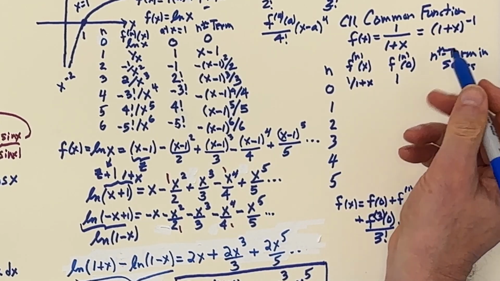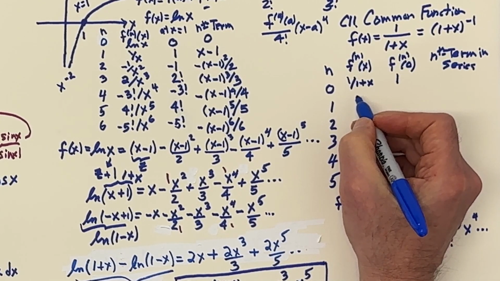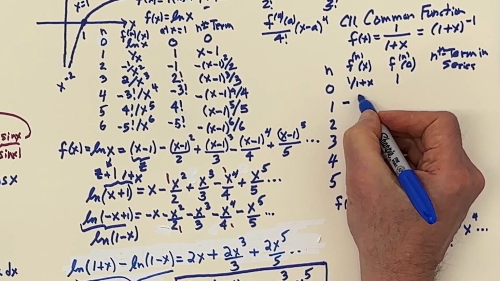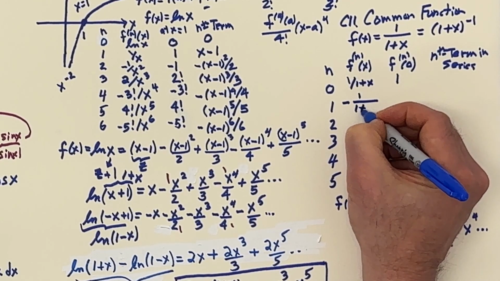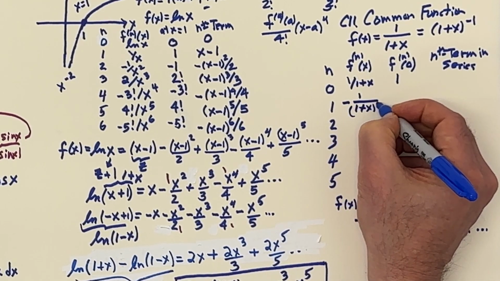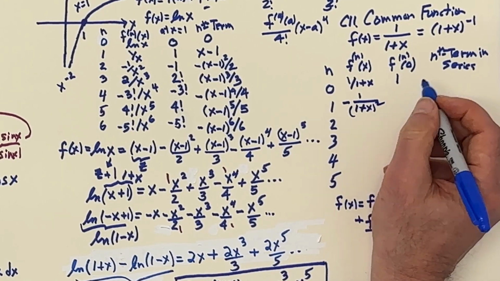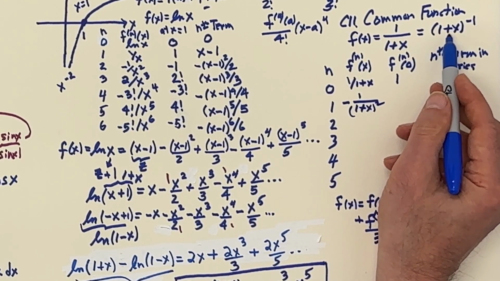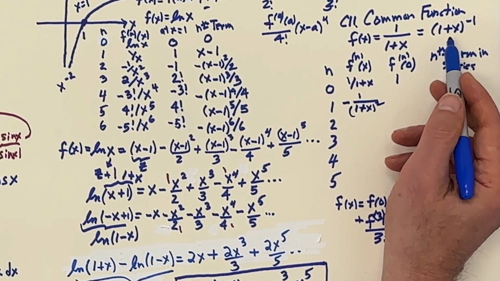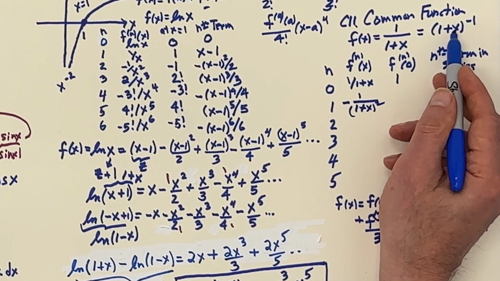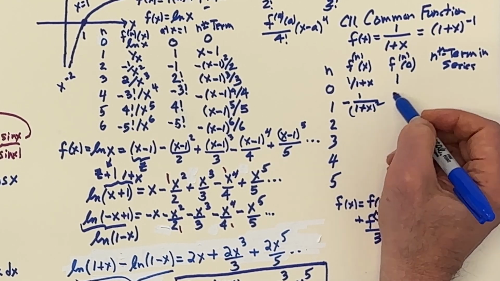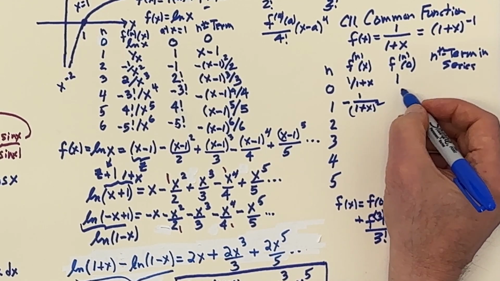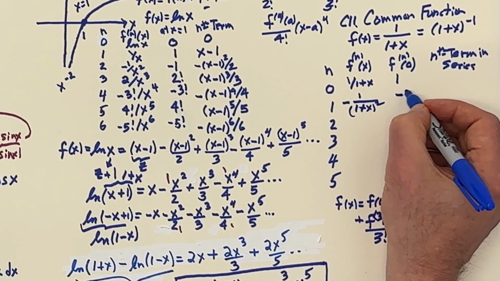I'd pull the minus 1 down, so it'll be a minus sign. And then we would divide by 1 plus x squared, and we would take the derivative of what's inside, which is going to give 1. The derivative of the constant 0 and the derivative of x with respect to x is 1. So that's the result. And then if we put in 0 for x, we get minus 1.